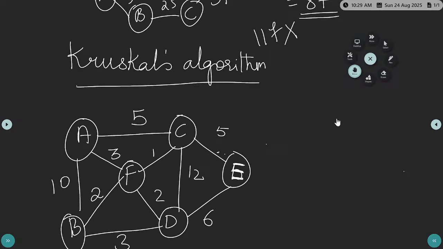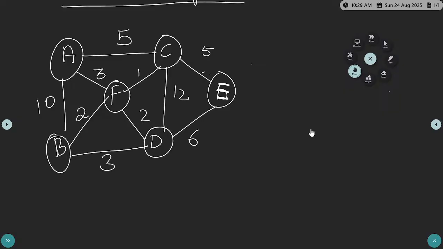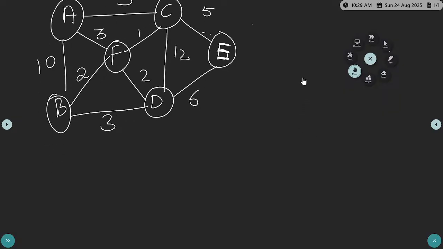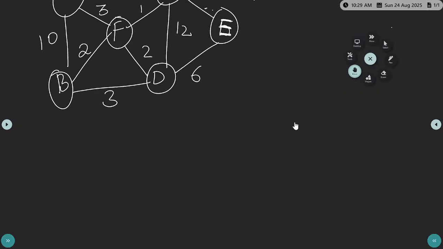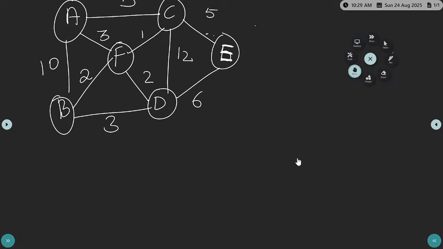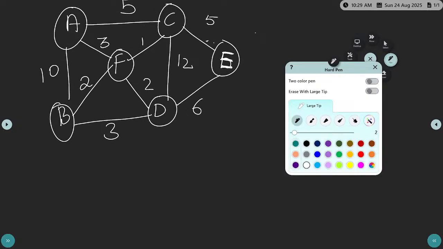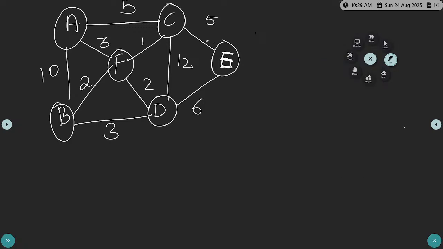Write down step 1. Arrange all the edges in ascending order.